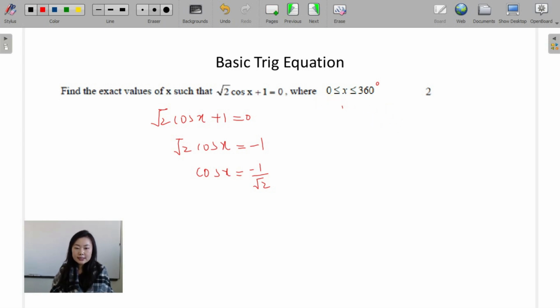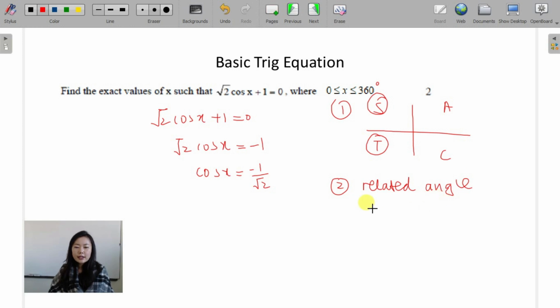So it's a two-step process. Step 1: which quadrant are we in? Cosine is negative, so you should be in the second and the third quadrant, where cosine is negative. Second, you need to work out the related angle.